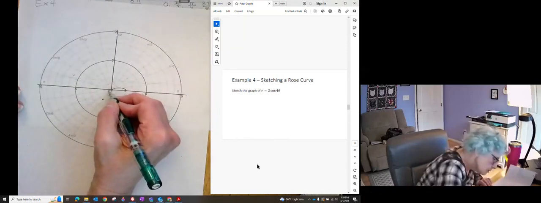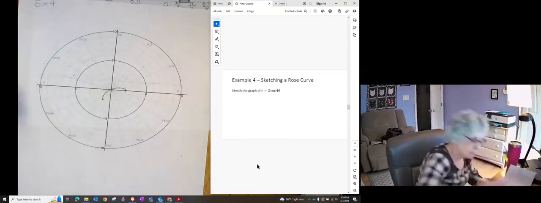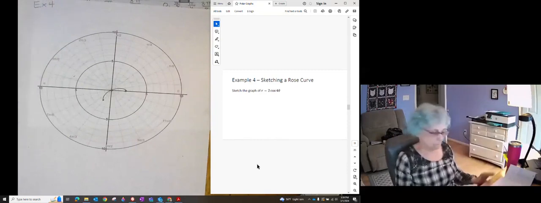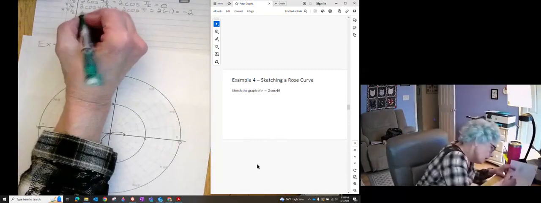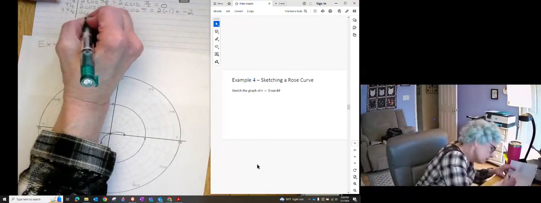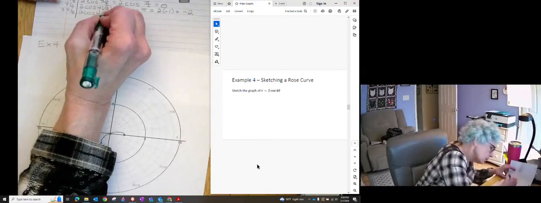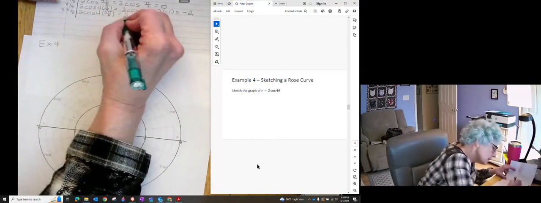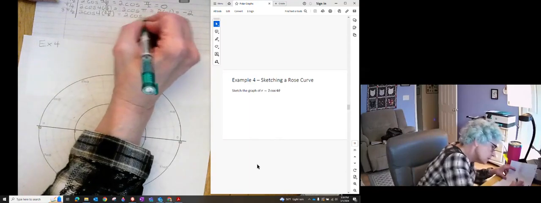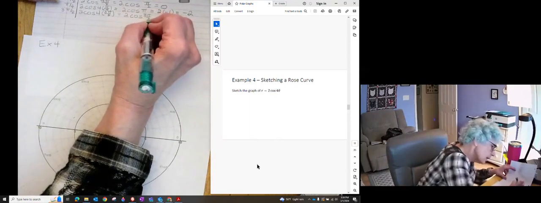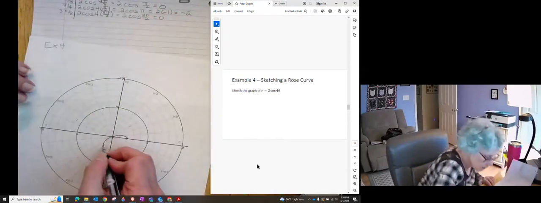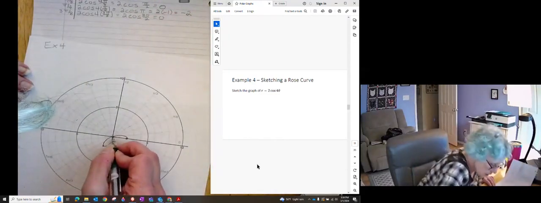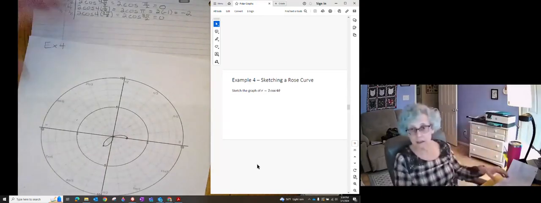So this brings me down to here. And then when I plug in 3 pi over 8, it's 2 times cosine of 3 pi halves, which is 0. So I've made it back to 0.